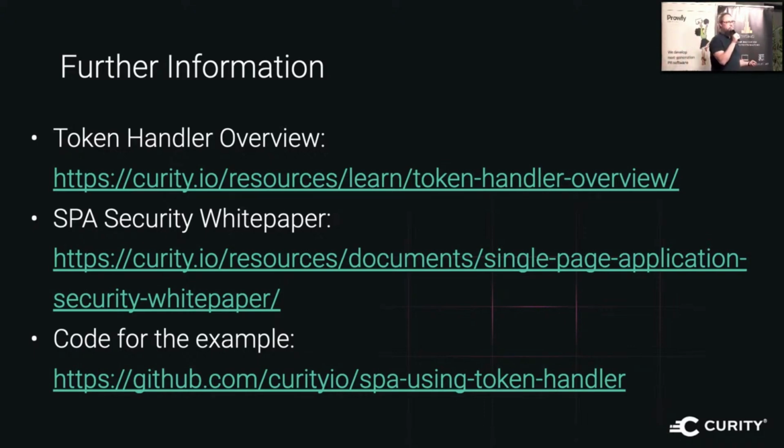There's also a white paper with some more detailed information about the security issues of SPAs and the BFF pattern, and how it all works together. And you can also have a look at the code example that I showed you here. There are also links to the implementations of the token handler, and you can just download the code, start it yourself, and have a look at how it works.